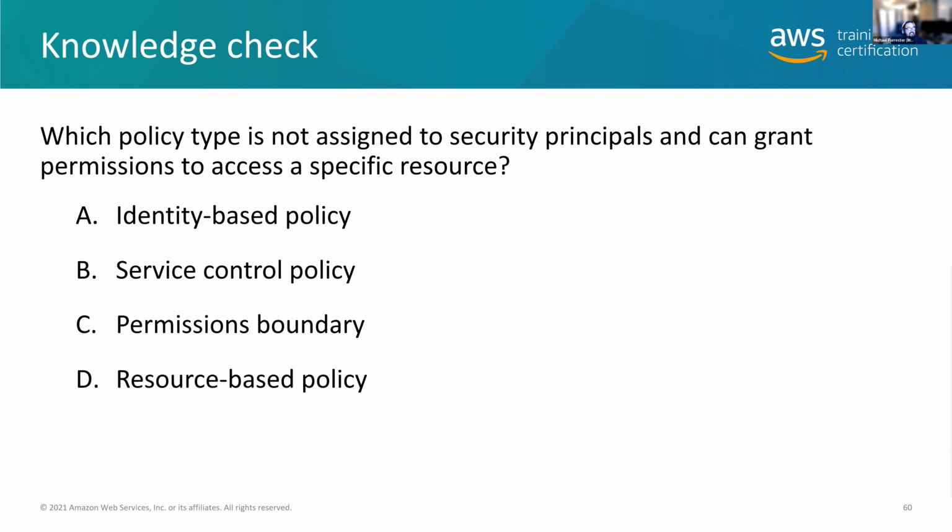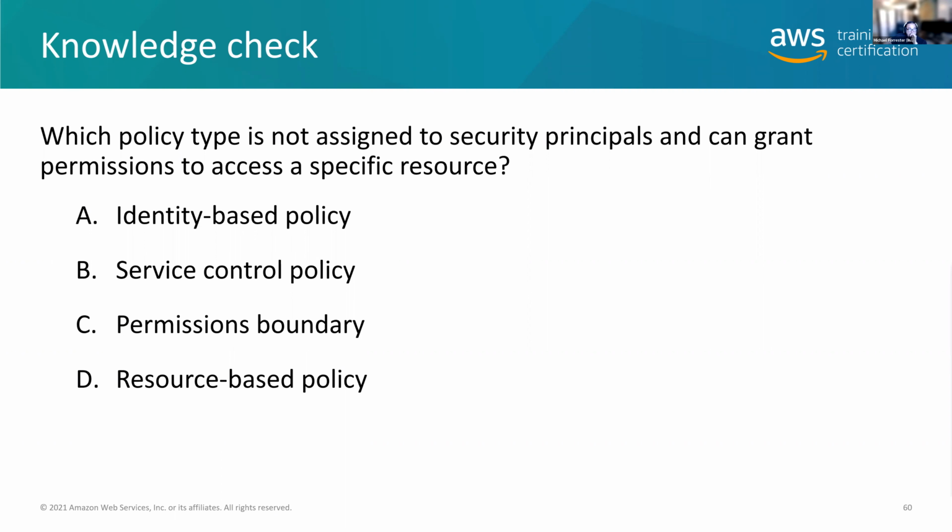All right, which policy type is not assigned to IAM security principals and can grant permissions to access a specific service or resource? Okay, so it cannot be assigned to a security principal, which means it cannot be assigned to an identity.